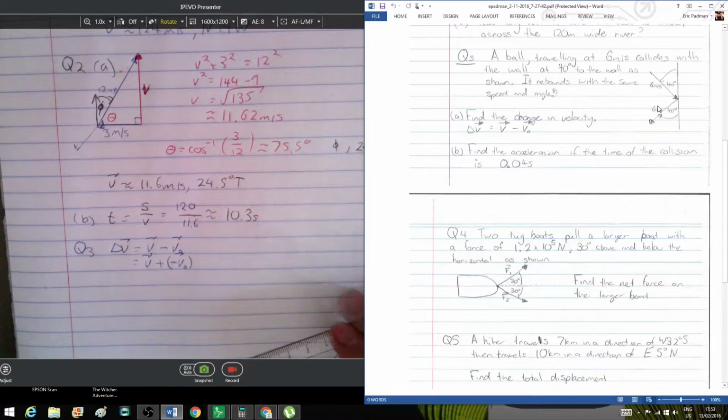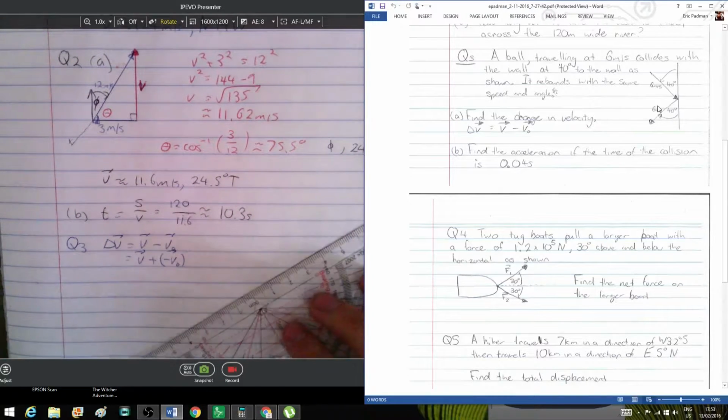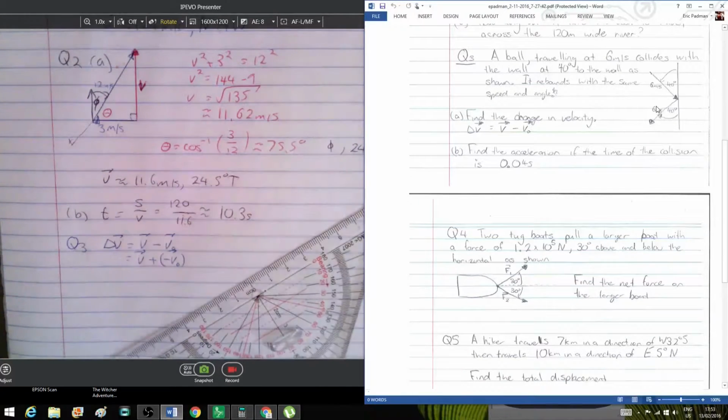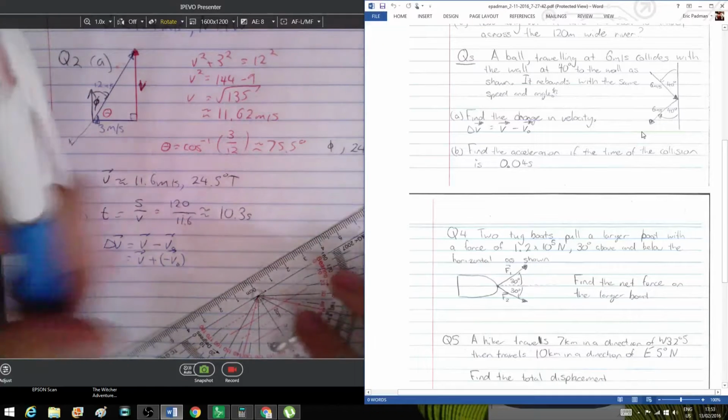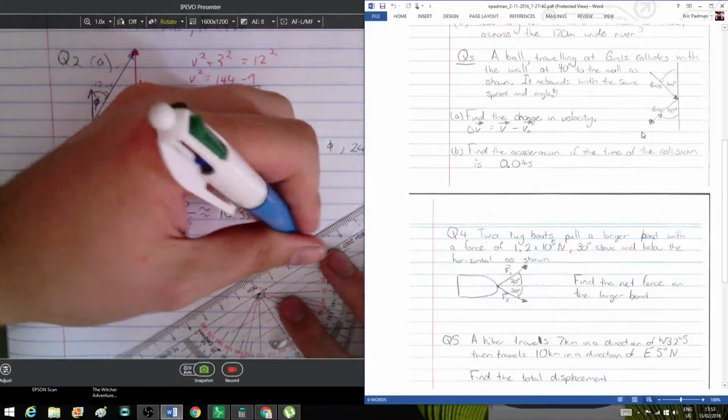So let's do that. Let's draw that over here. Over here, where my mouse is, that's your final and that's your initial. So initial would actually be pointing this way. So I'm going to draw something that goes down that way and then up that way. Okay, so the vector sum, careful.